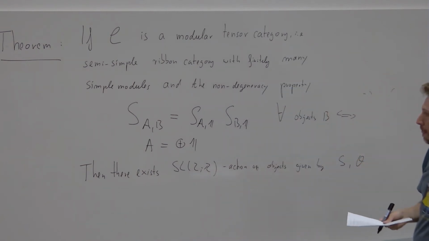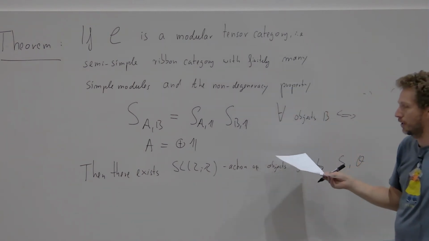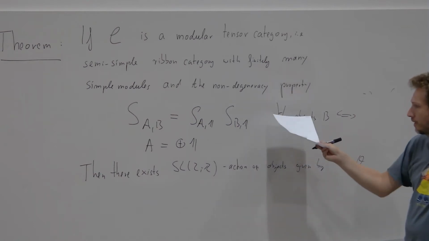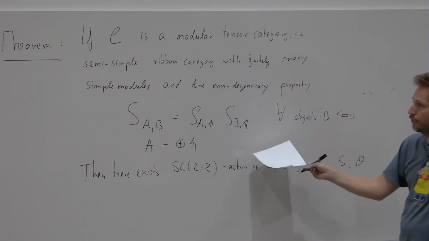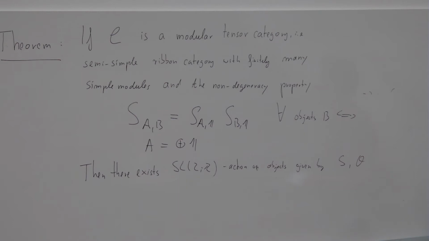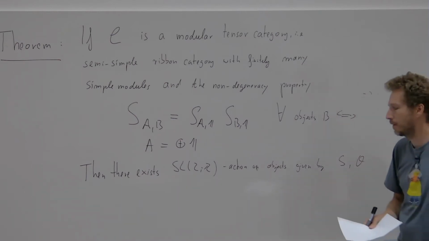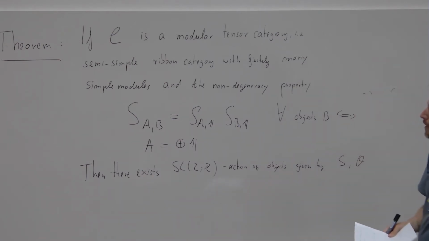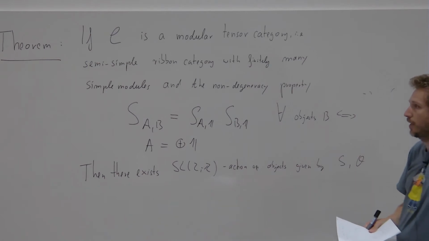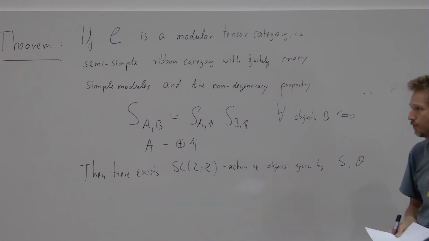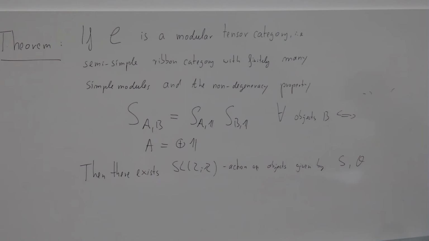Then under a suitable non-degeneracy condition, which can again be phrased in terms of having no non-trivial transparent objects, you still have an SL2Z action. That was, I think, first proven by Lyubashenko. But it's more complicated.